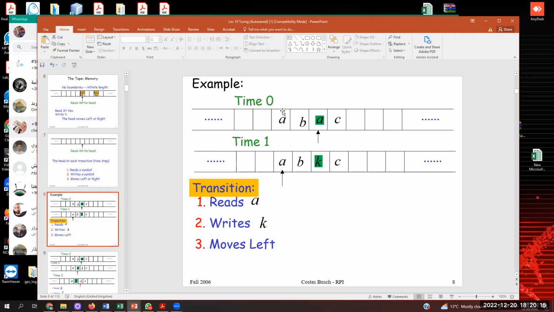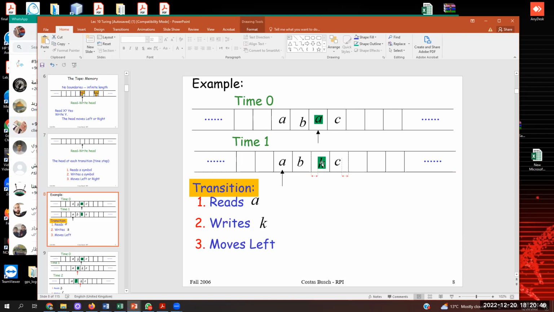Assume that at time 0, my input is A, B, A, C, and my head is right here. I'll say read A. So I take this A out, then I say write K instead. So here at time 0, I take it out, then I place K, I bring K here.